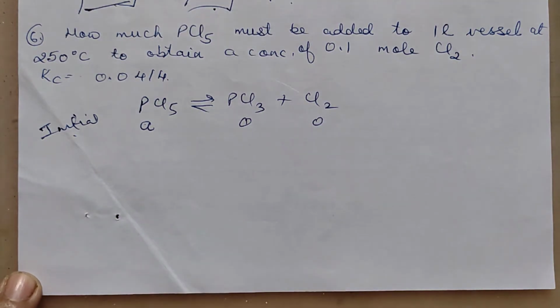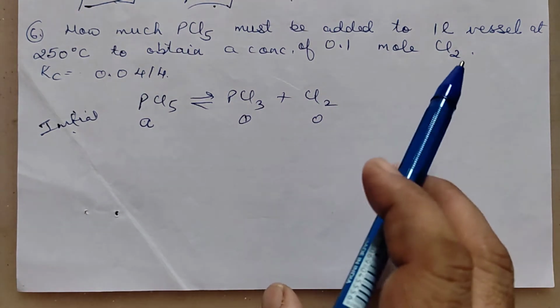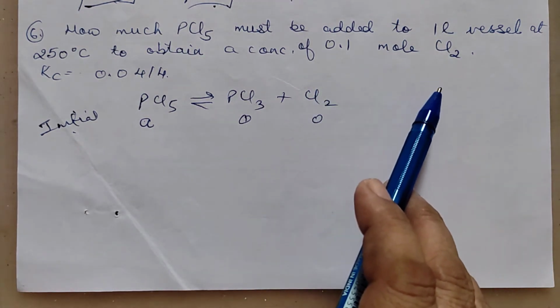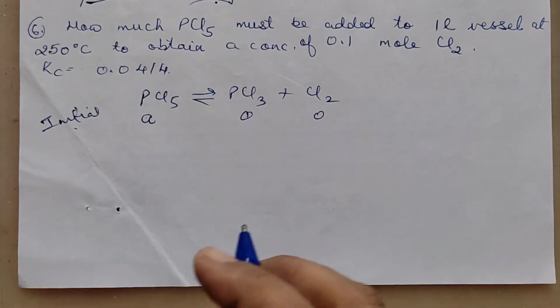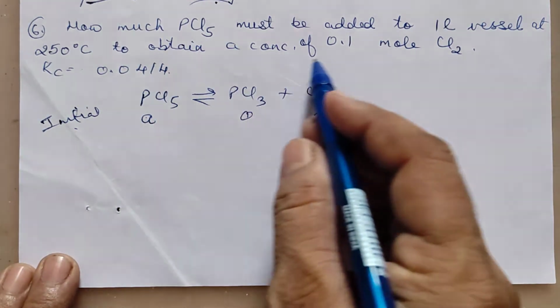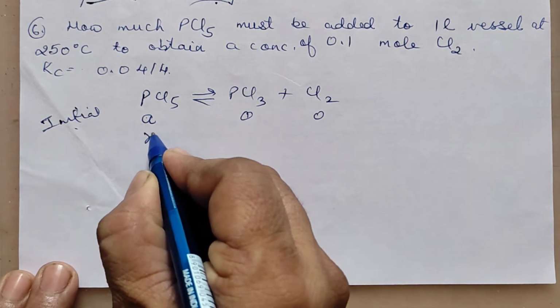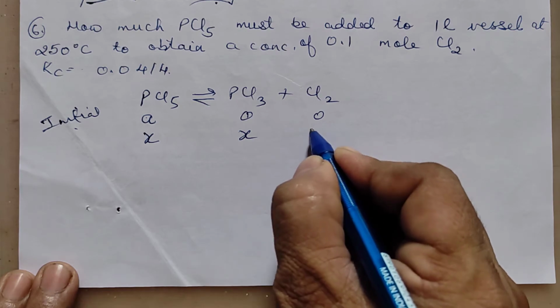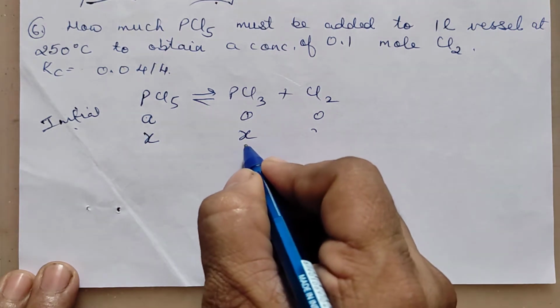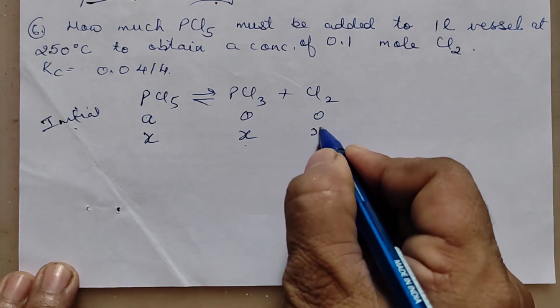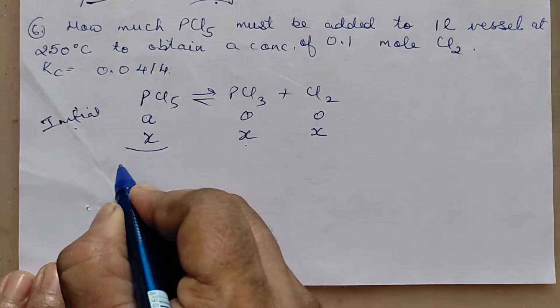We don't know. Okay. Now they are saying 0.1 mole of Cl2 was found. It was found to have this much mole. In terms of X, X will be reacting and forming X of PCl3 and X of Cl2. How much of this will be left over?